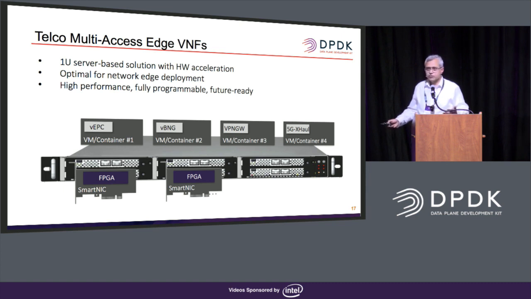Today we would find that a vBNG vendor has a close tie-up with one particular smart NIC, and another, let us say EPC vendor, has a tie-up with another smart NIC, so there is a close coupling. From a service provider perspective, it becomes a case of vendor lock-in, where I cannot make use of the resources across the board.